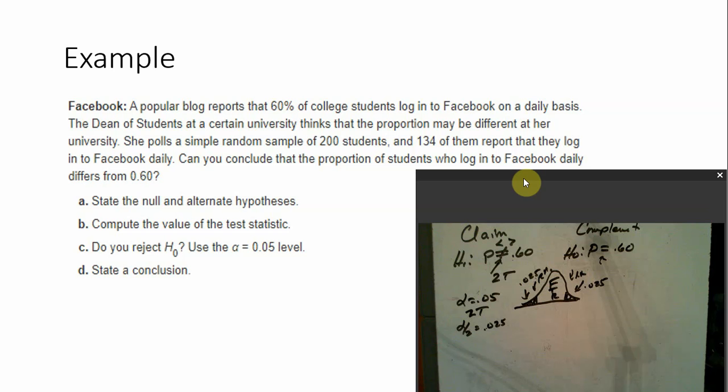Now I need the critical values, but that depends on whether I'm going to use a T or a Z test statistic. So now I need to bring in my formula.